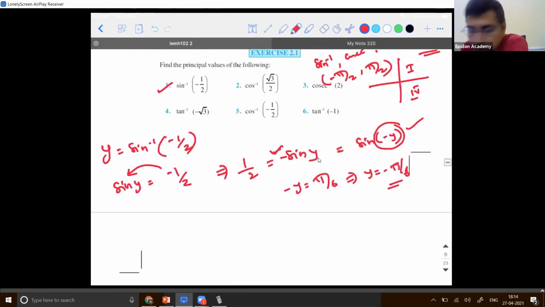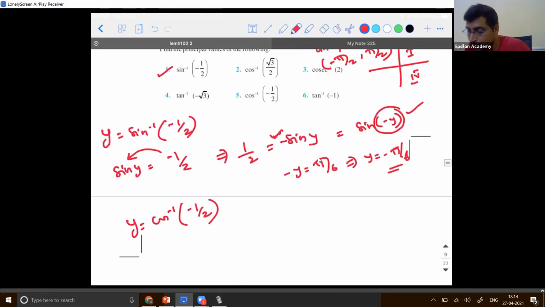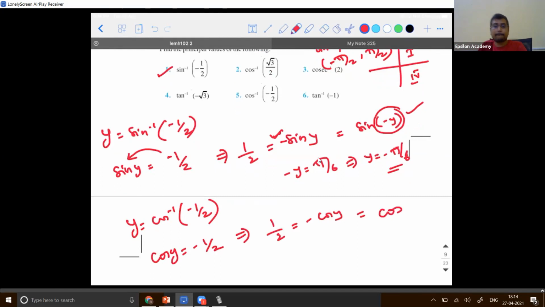Keeping the same logic in mind, had the question been y is equal to cos inverse of minus half, then what will your answer be? Cos y is equal to minus half, which implies half is equal to minus cos y. Then cos I should write it as pi minus y. Have you understood why? Because for cos inverse, the domain lies between 0 to pi. So cos of pi minus y. You learn the same thing in another exercise in a different context.